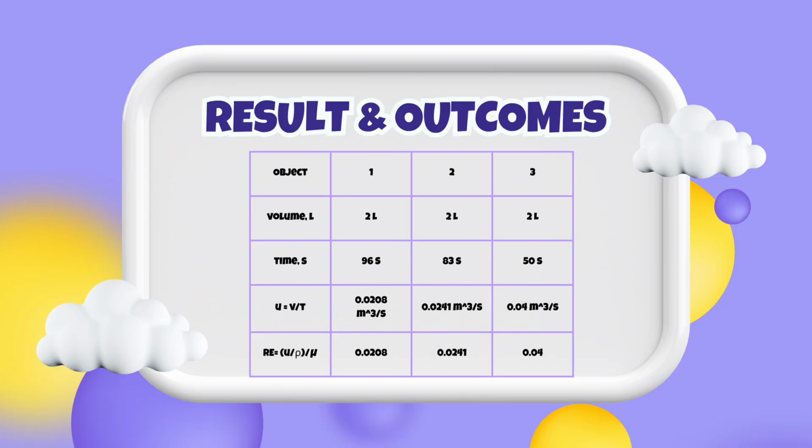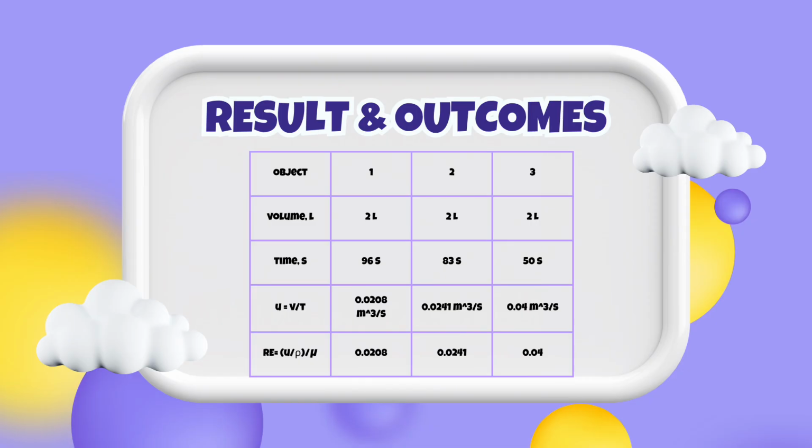Then we calculated the Reynolds number to understand the type of flow, whether it's laminar or turbulent. The formula used is Re equals density multiplied by velocity over dynamic viscosity, which is 1.0 times 10 to the power negative 3 Pascal second.